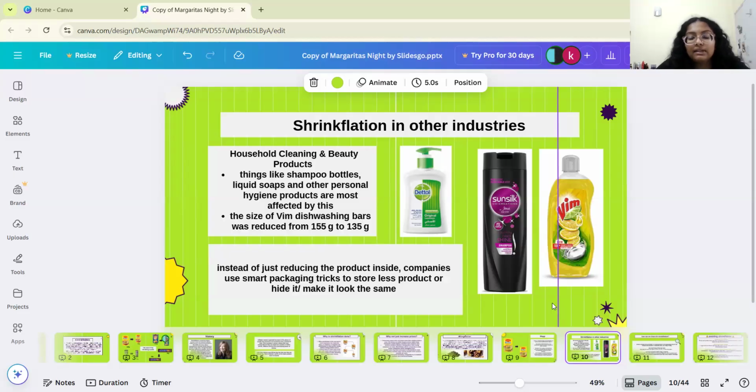An example I've given is those Vim dishwashing bars that we use to clean our utensils. It used to weigh 155 grams, but the company slowly reduced it to 135 grams. Instead of reducing the product, they're using smart packaging tricks to hide shrinkflation.